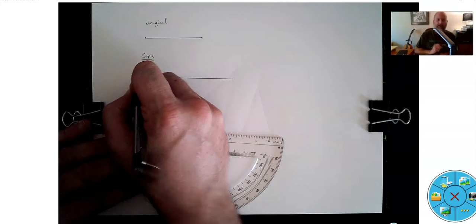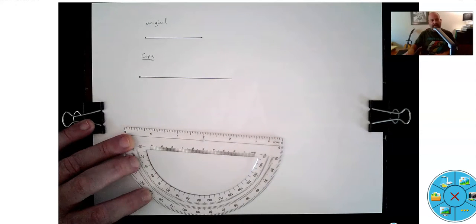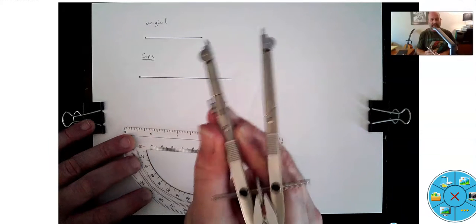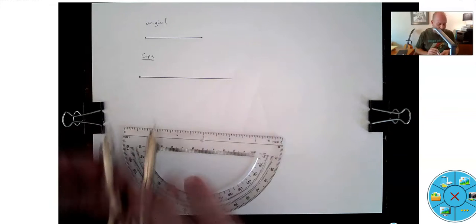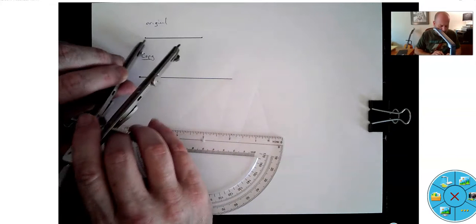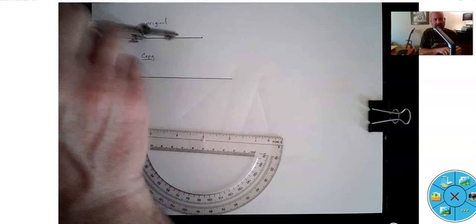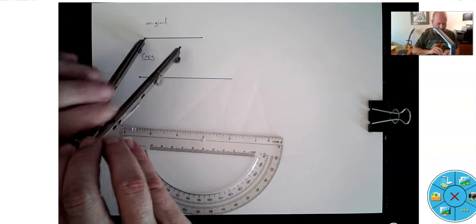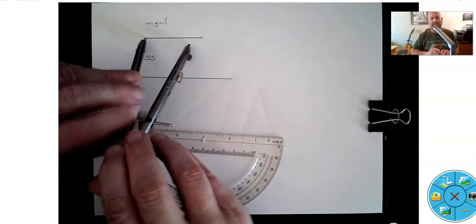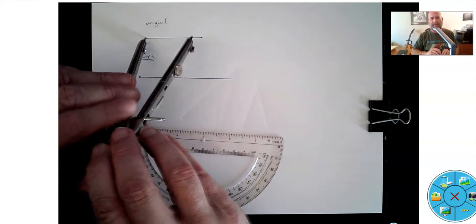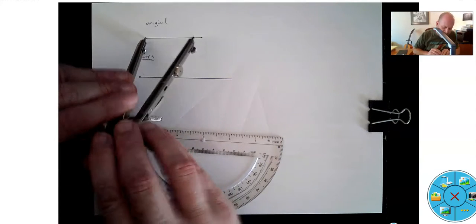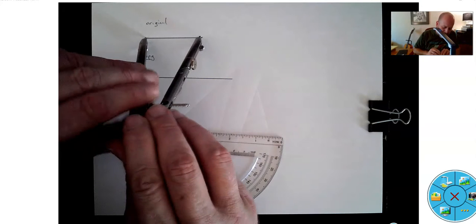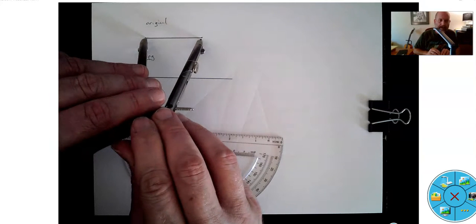I'm going to put a point at one end, and then I'm going to take my compass, and I'm going to use this to measure. So what I'm going to do is I'm going to put one point of the compass on the first point here, and I'm going to spread this out so that the other point can be put down exactly on that point there, right?